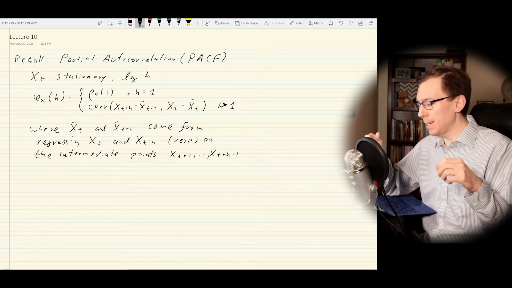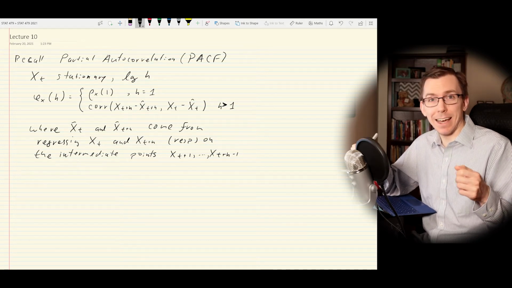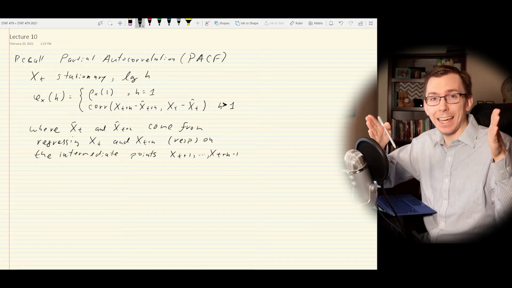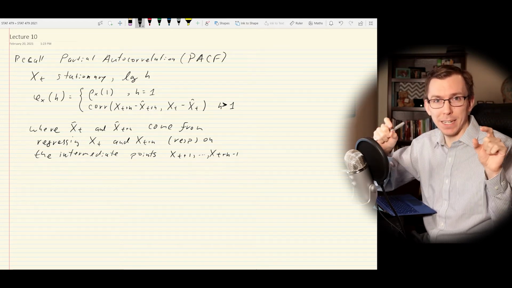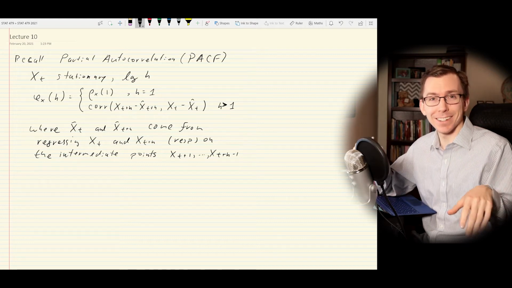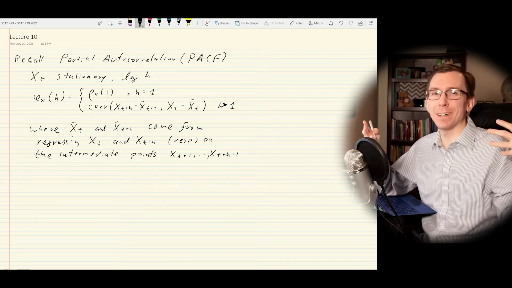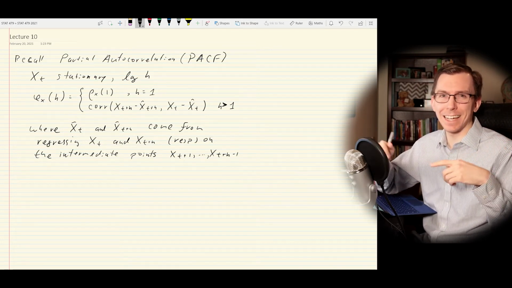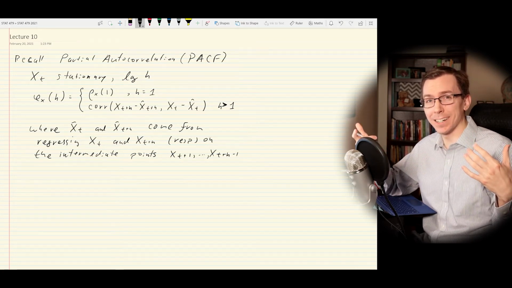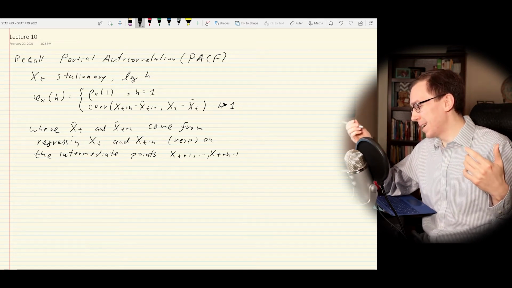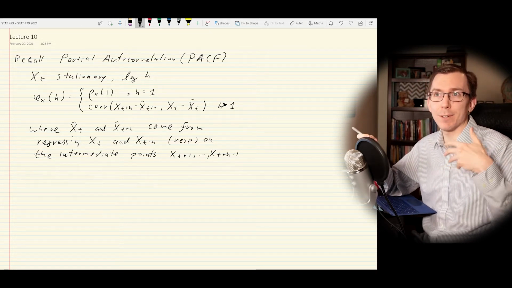What that means is that if the partial autocorrelation is equal to 0, time points t and t+h are only related through their intermediate points. Otherwise, they don't talk to each other. It's sort of like a friend of a friend of a friend. They kind of know each other, but they aren't directly friends. They just know each other through mutual acquaintances. That's kind of what's going on here. We have all of these intermediate points that we will be conditioning on, or doing a regression against.